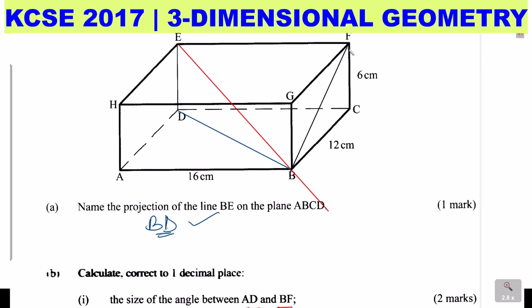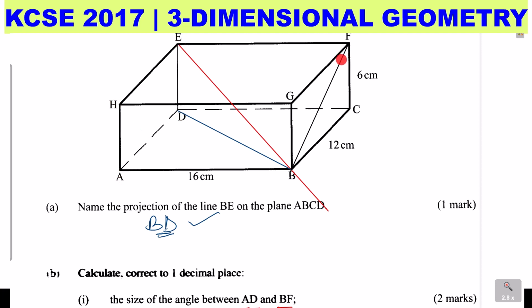So that is BF. You're getting the angle between these skew lines, lines that do not meet. AD is here, then BF is there. So in that case, you simply need to translate line BF onto the other plane, that is AHDE.